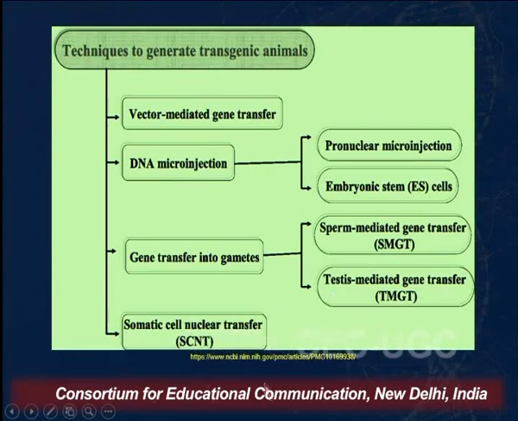And we will also talk about somatic cell transfer, which is also called nuclear transplantation, where the somatic cell nucleus is transferred to another growing embryo, and therefore transgenesis can occur. So these are the various methods, and we will start with the first method today, which is the vector-mediated gene transfer.